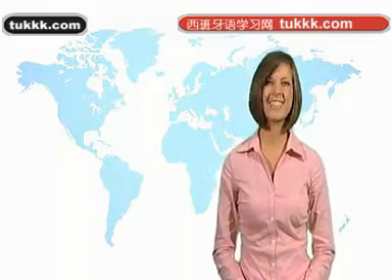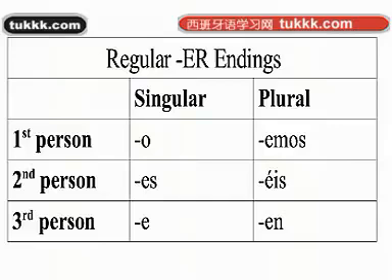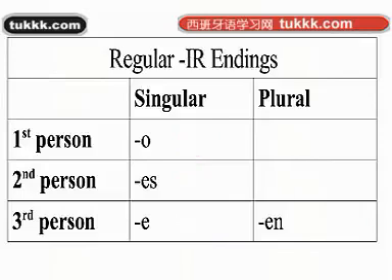Take a look. Here are the regular present tense endings for an ER verb. O, S, E, emos, es, and en. Now, all you have to do is copy the yo, tú, él, ella, usted, ellos, ellas, and ustedes forms right over to the IR verb. For IR, you have O, S, E. Let's skip nosotros and vosotros for a second.